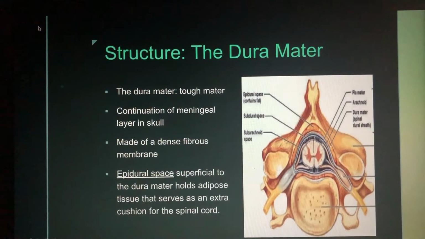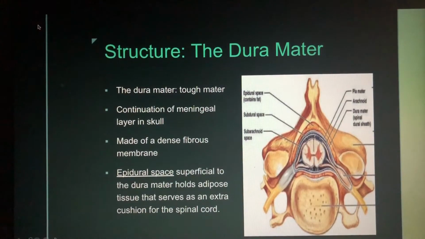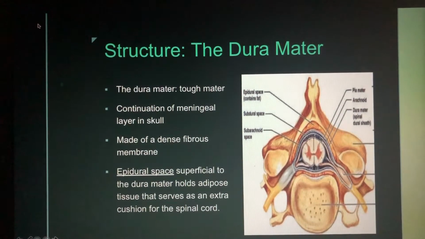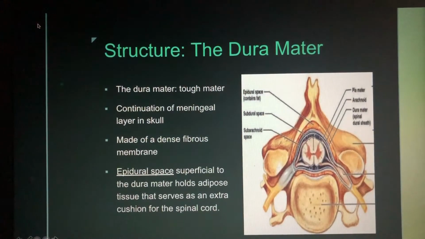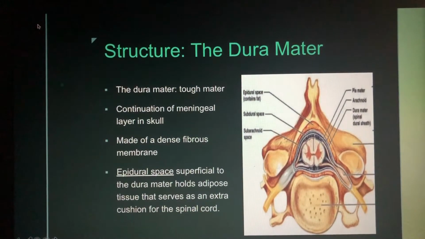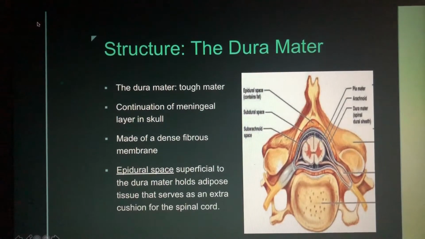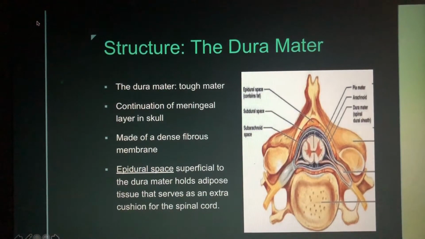It is composed of fibroblasts and dense interlacing bundles of collagen and elastic fibers. In the spine, the epidural space, superficial to the dura mater, holds adipose tissue and serves as a cushion for the spinal cord. The dura mater itself is loosely attached.